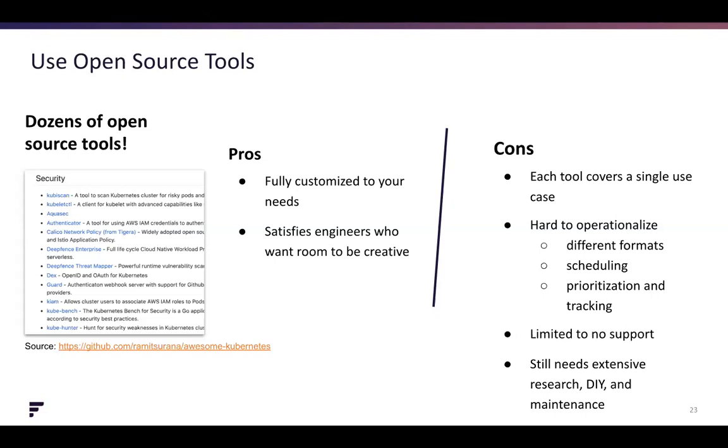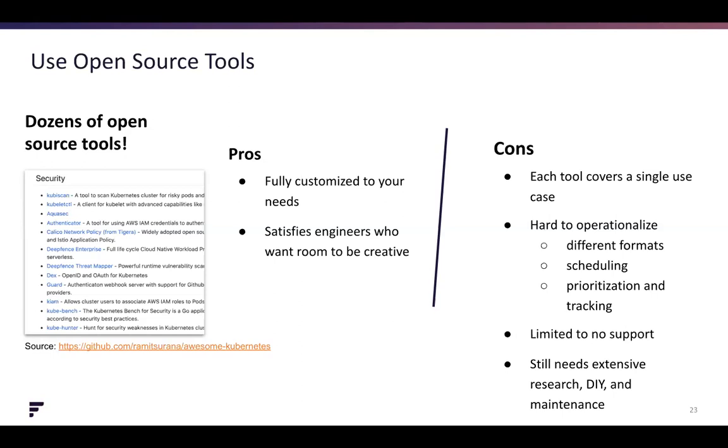The cons, though, are, one, again, you're going to need to do a lot of R&D to figure out which of these projects to use and which ones are suited to your needs. It can be really hard to operationalize these tools as well. A lot of them are very point solutions. They solve one particular problem well. You could use OPA in order to help you define your own policies. You could use Polaris for best practices. You could use Trivy for container scanning.